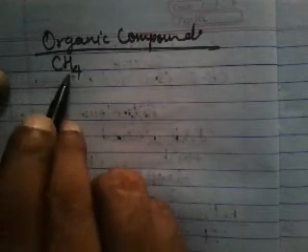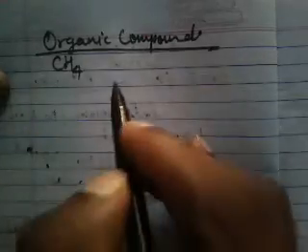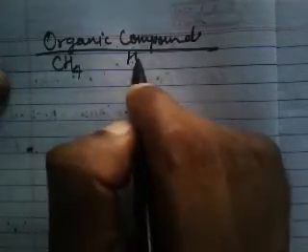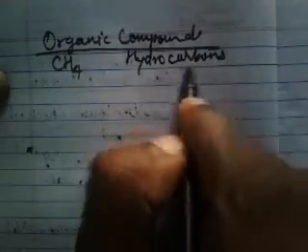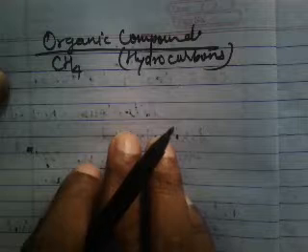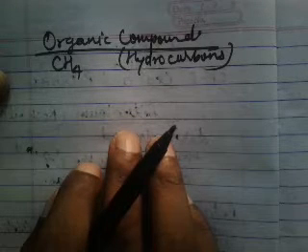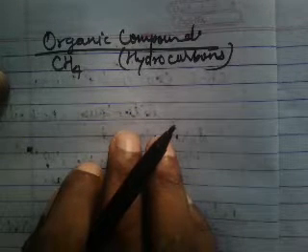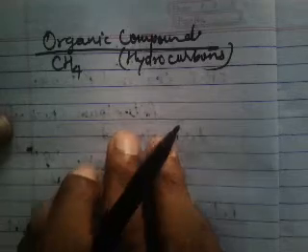Those organic compounds which have only carbon and hydrogen elements are called hydrocarbons. So we can say that petroleum consists of many hydrocarbons.